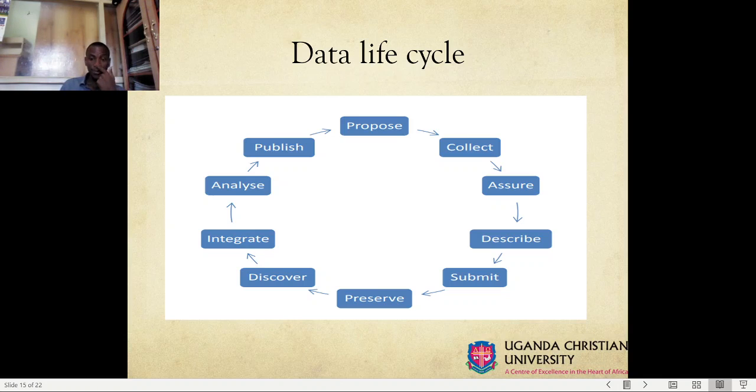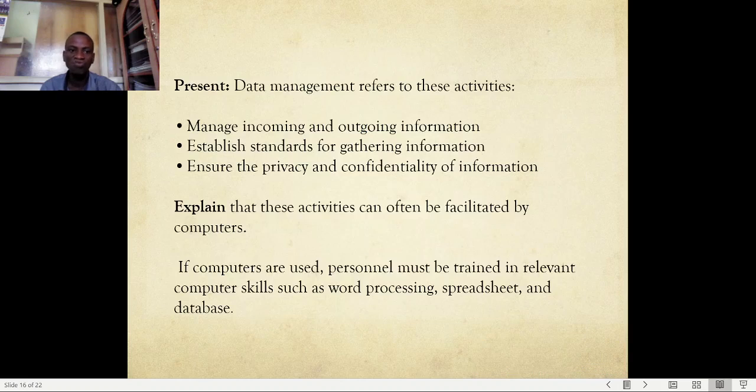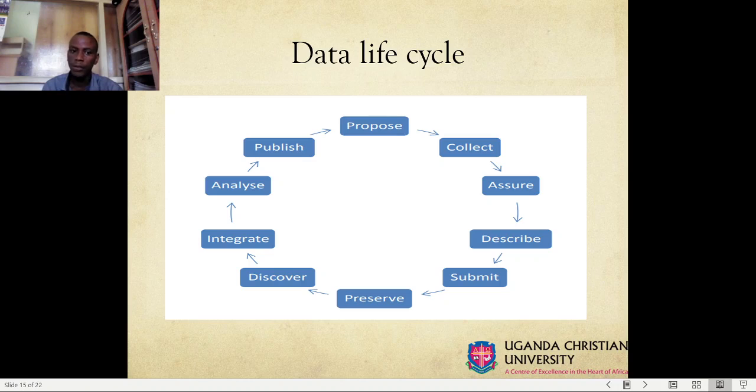There are 10 elements. When time allows, we'll go deeper into each of them. So we're going to briefly look at some of these elements.